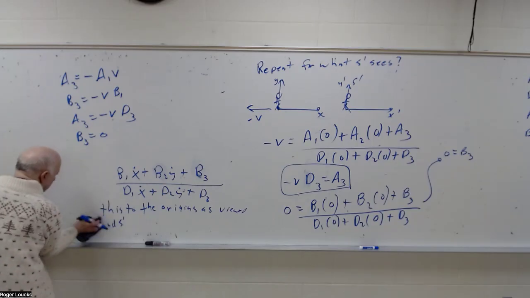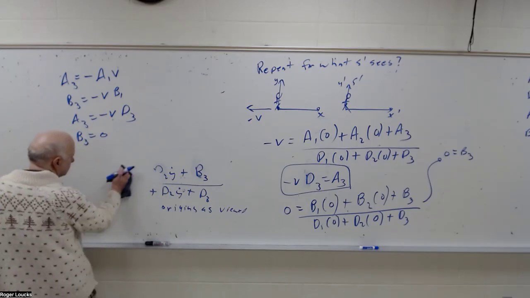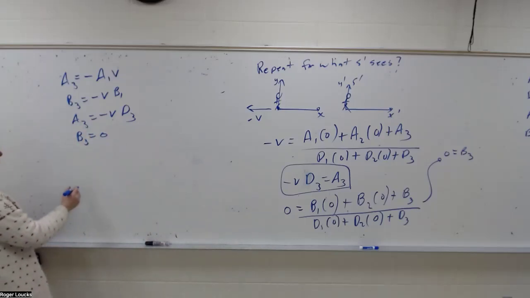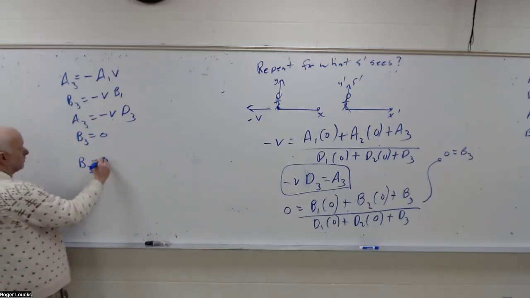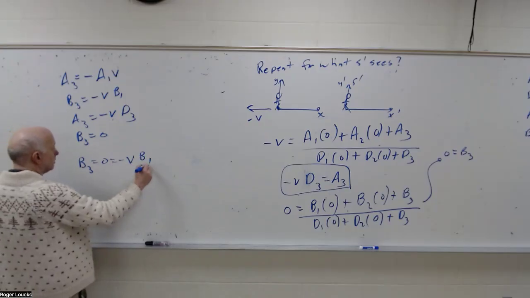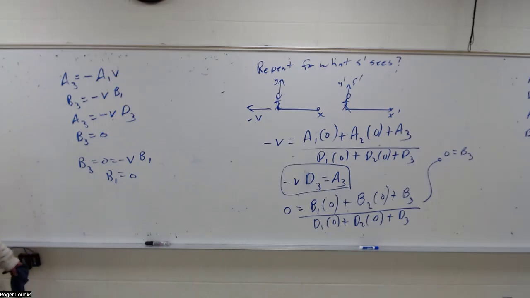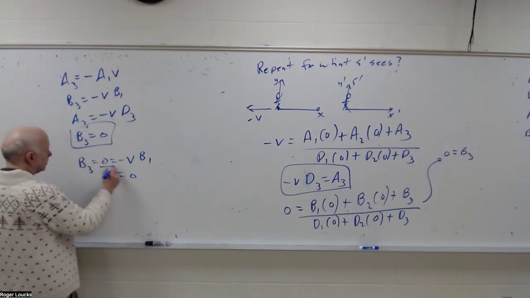Okay, so what does that mean about B1? B3 equals 0 minus V B1, so this means that B1 equals 0. Okay, so boom.